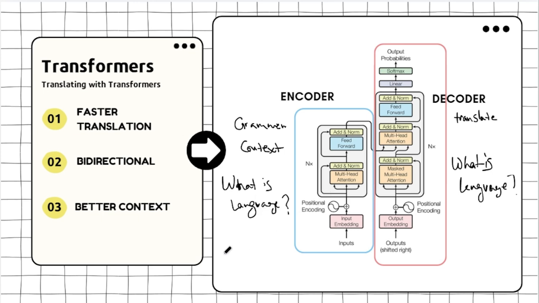Therefore, we have two other models made from these encoders and decoders, which we know as BERT and GPT. Stacking up decoders makes GPT, and stacking up encoders makes the model that we know as BERT.